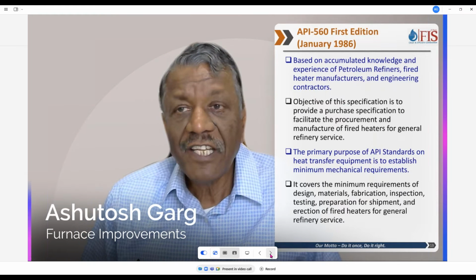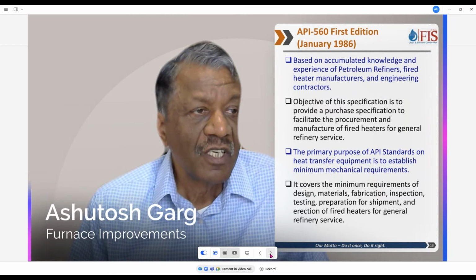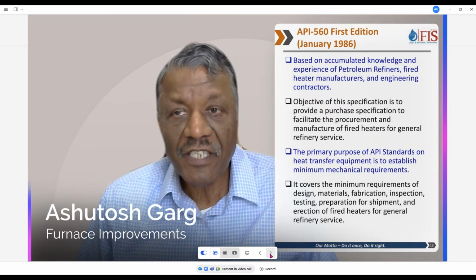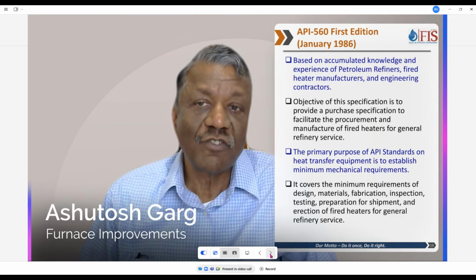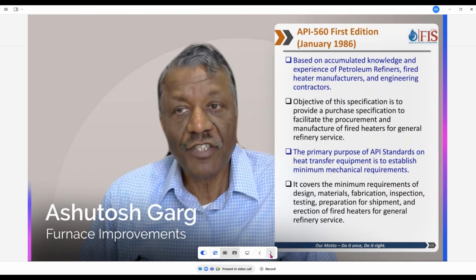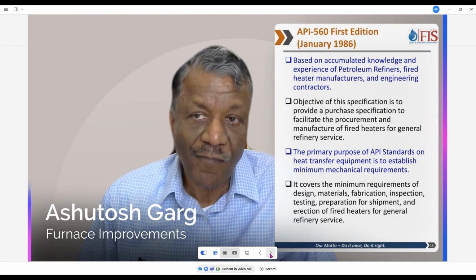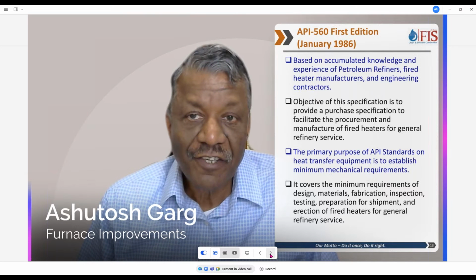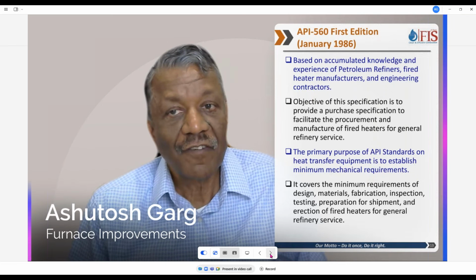So when API 560 was issued, it was a very important event. And the objective of the specification is to provide a purchase specification to facilitate the procurement and manufacture of fired heaters. The primary purpose of API standards is to establish minimum mechanical requirements.